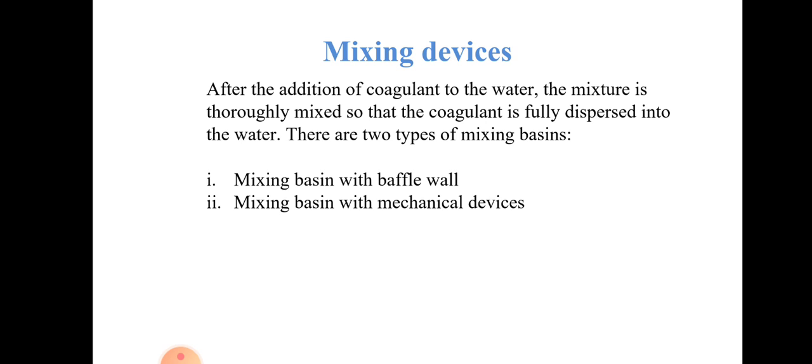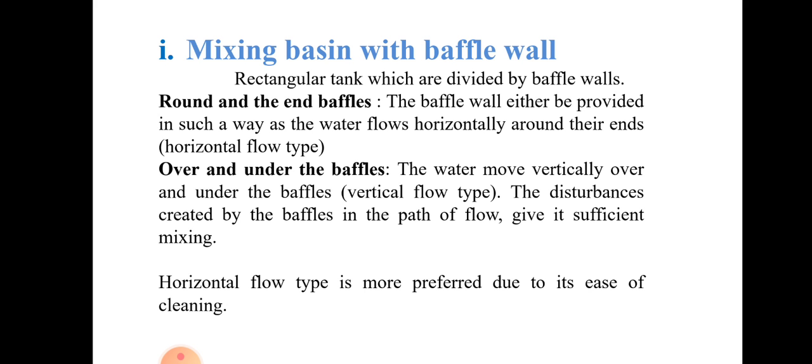The mixing basins with a baffle wall are further divided into two types: the baffle type basins, and the mechanically agitated type basins. The baffle type basins are further divided into two types: the round the end baffles, and the over and under baffles.